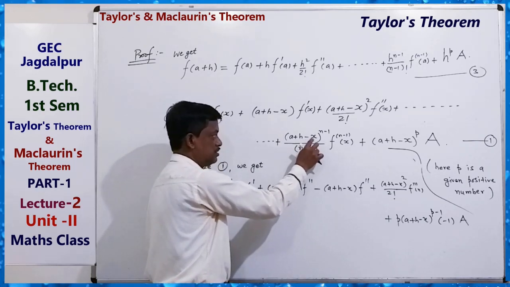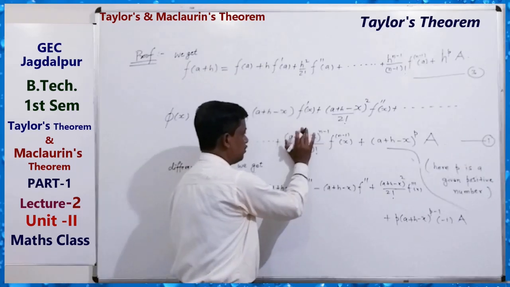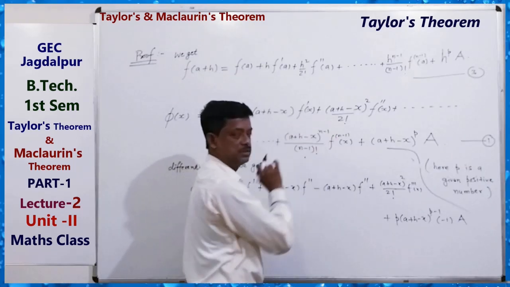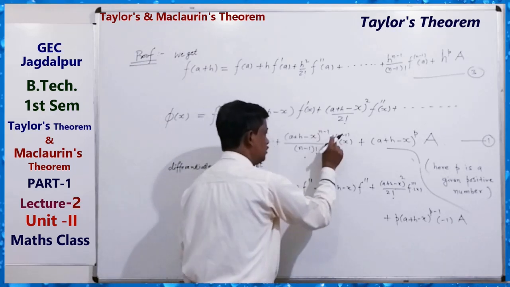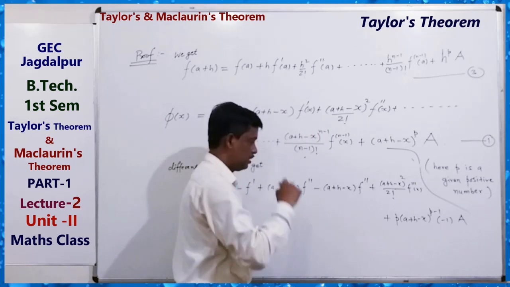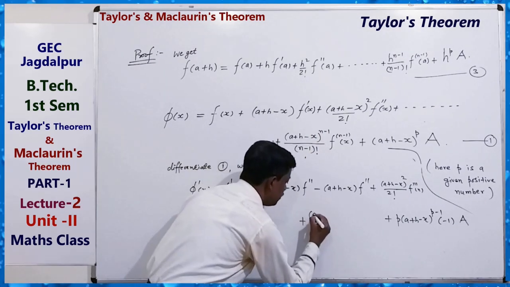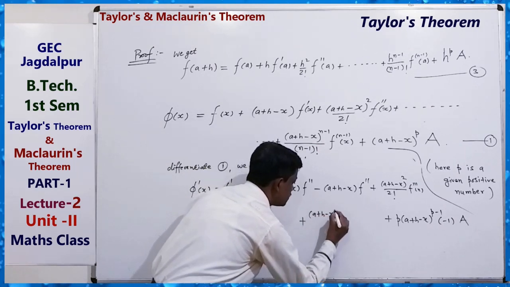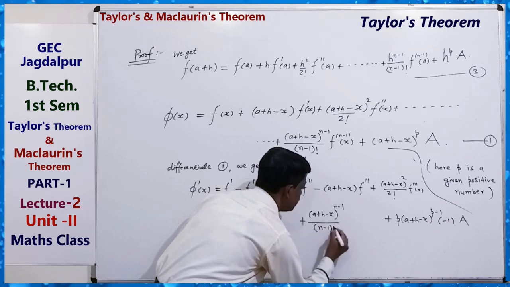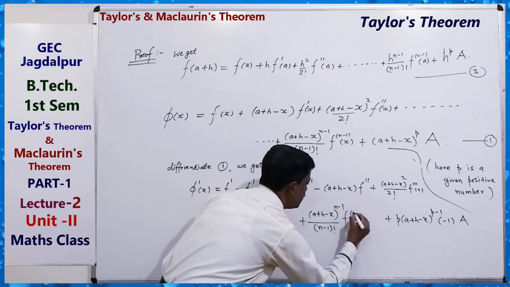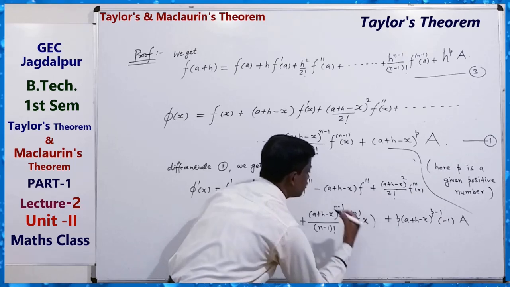At the time of differentiating this, the first part will be the derivative of this into this, plus the derivative of this into this. So that part is here, plus (a plus h minus x) to the power n minus 1 upon (n minus 1) factorial, f n x.